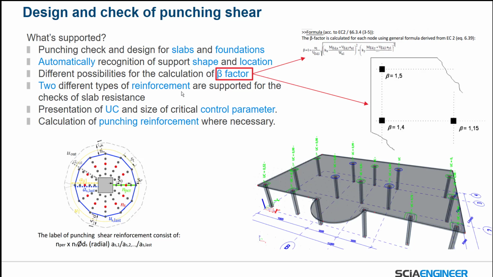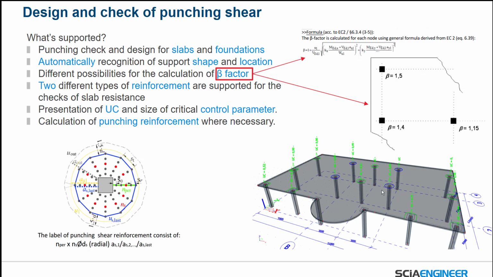You can use two different types of reinforcement as a longitudinal reinforcement to check if punching reinforcement is required or not. Finally, the unity check as a color, green or red, will guide you. Besides, the size of the critical control perimeters for the calculation will also be drawn on the screen to tell you what the size is.